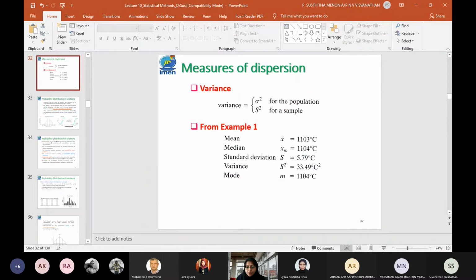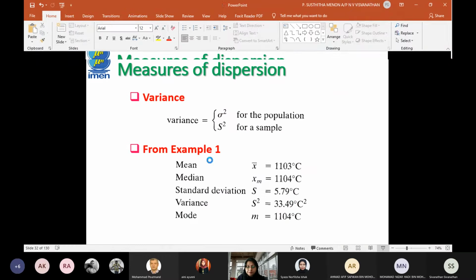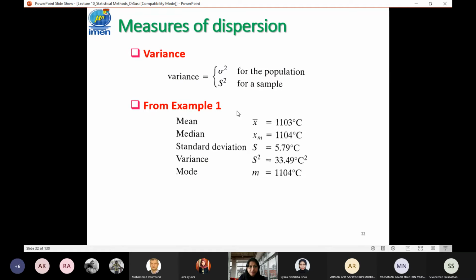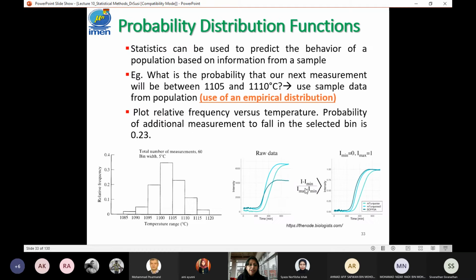So you have got all those measures of dispersion. Moving on, another method that you can use to show your data. Just now was frequency versus the temperature range.